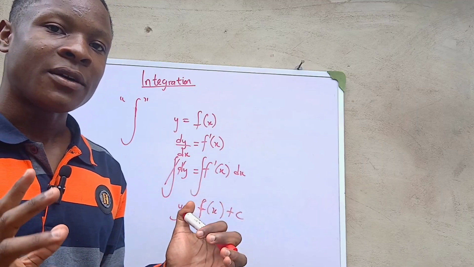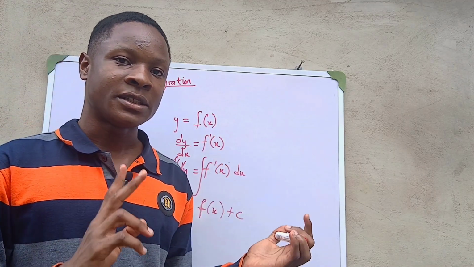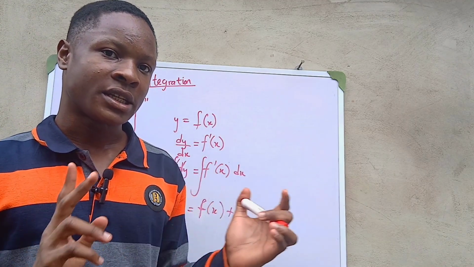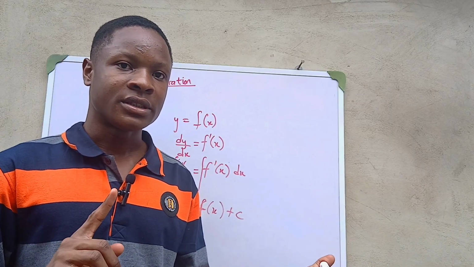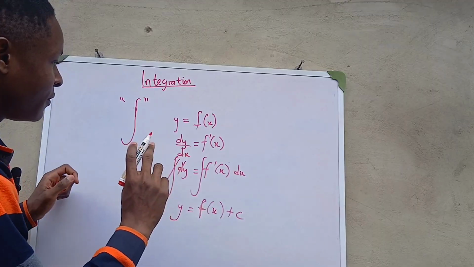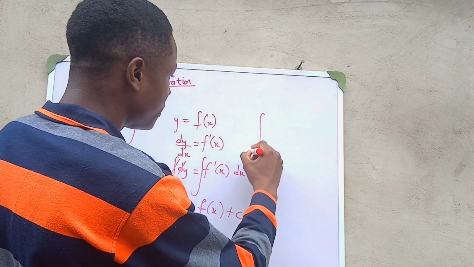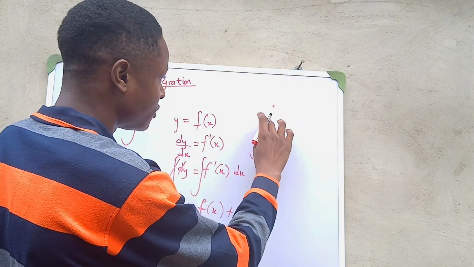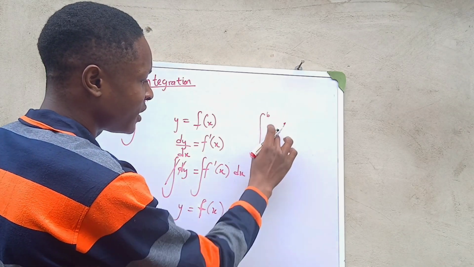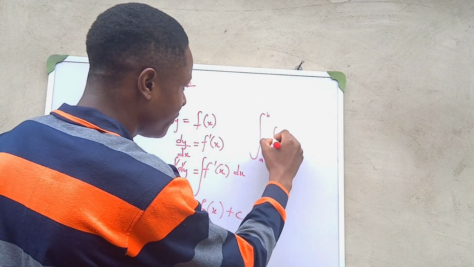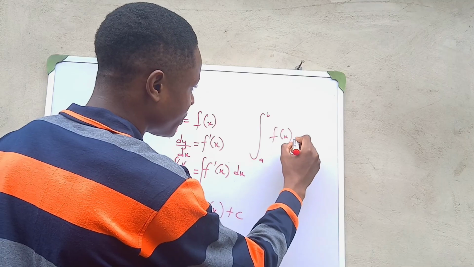So we have two types of integration. We have definite integrals and indefinite integrals. Definite integrals have boundaries. What I mean by boundaries is if you have an integration sign with numbers on the top and the bottom, this is called the upper limit, while this is called the lower limit, and you have a function here.